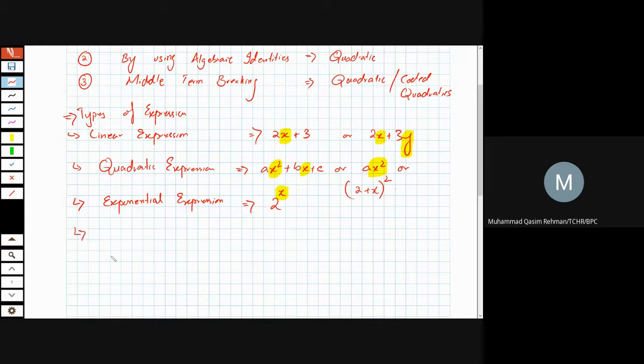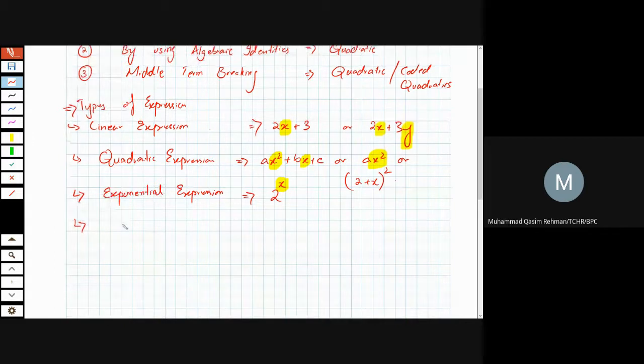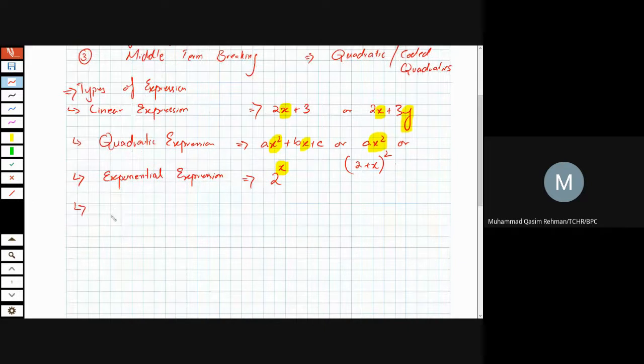Now, the fourth one, quartics. A quartic expression is one where, like the way we have a maximum power of 2 in a quadratic expression, a quartic expression will have a maximum power of 4. For example, ax power 4 plus bx squared plus c.